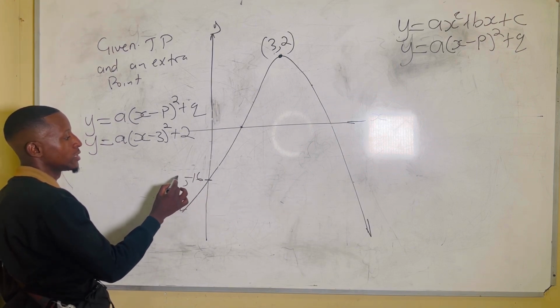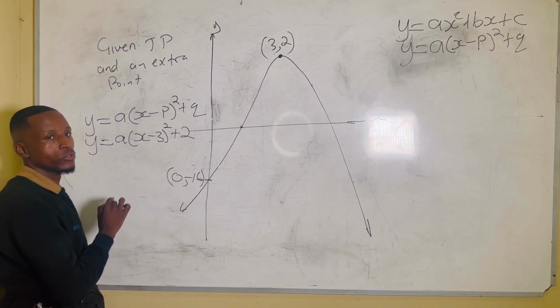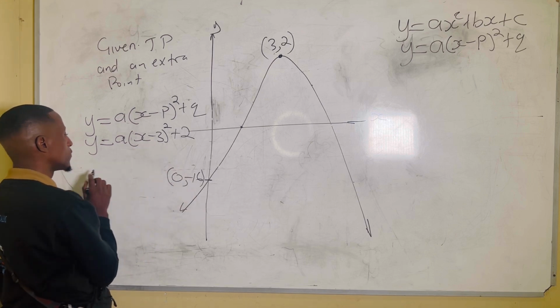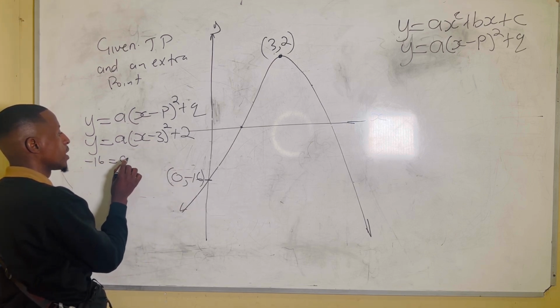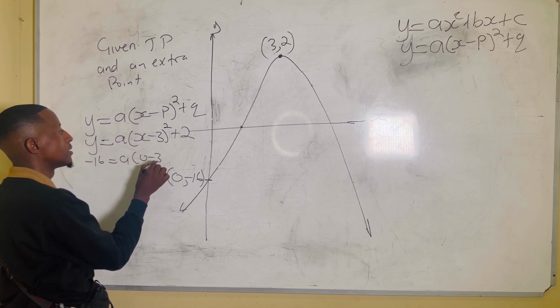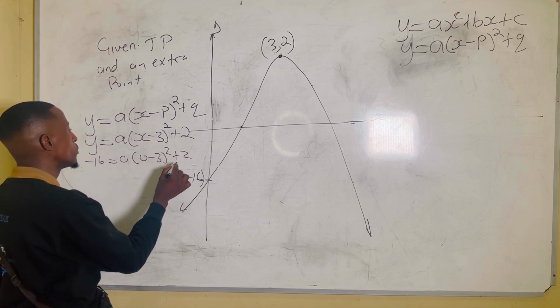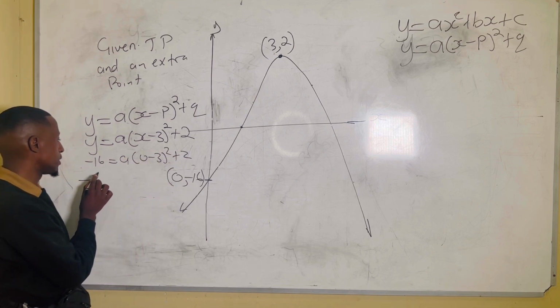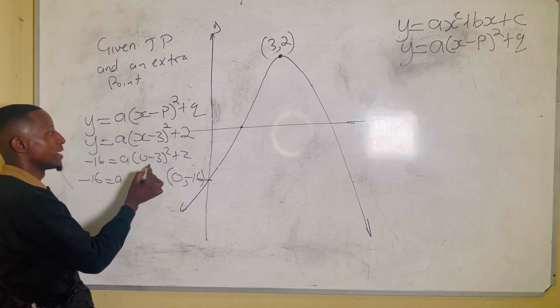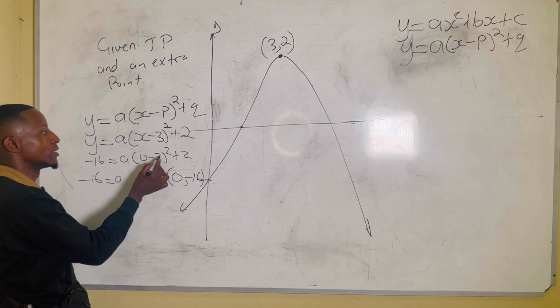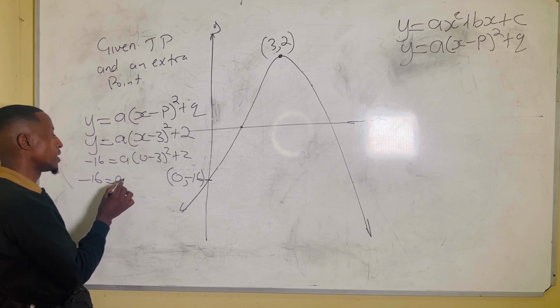We know that x is a 0, so you need to know that. So substitute these values. This one is going to be a negative 16. Your x is a 0 minus a 3 squared plus a 2. If you simplify that, this one still remains as a 16. This one is your a. Then here you are having negative 3 squared gives you a 9.